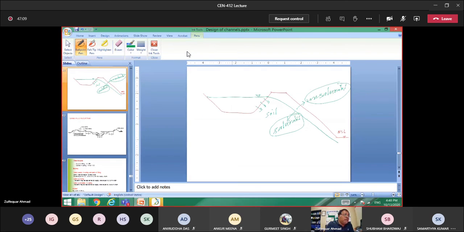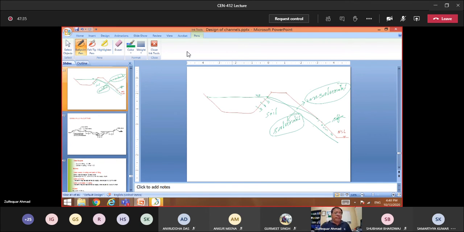Now if your phreatic line meets this surface, this bank, this side slope, then your complete soil will be saturated. And I think in soil mechanics you might have learned that if a bank gets saturated, it will be more prone to failure.